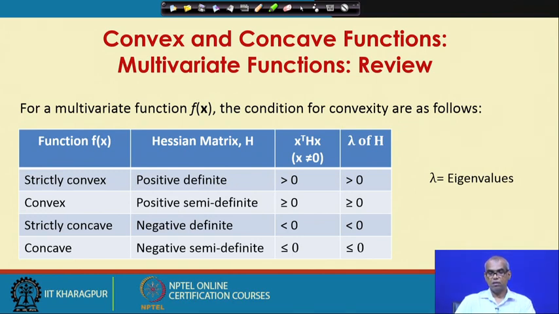That means, x transpose H x is less or equal to 0. In other words, the eigenvalues of Hessian matrix will be less or equal to 0. So, when I say x transpose H x, x is not equal to 0 here. So, we will make use of the information on Hessian matrix when they are positive definite, when they are positive semi-definite, and so on and so forth.